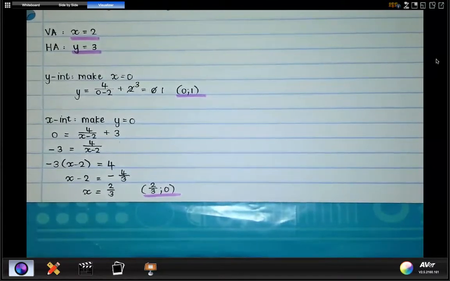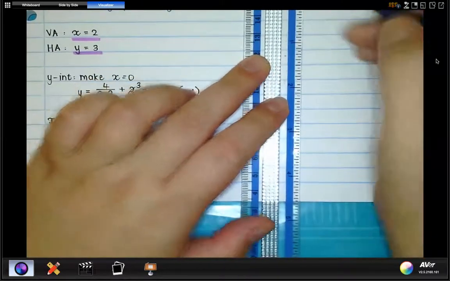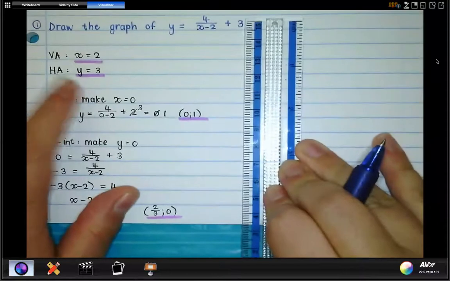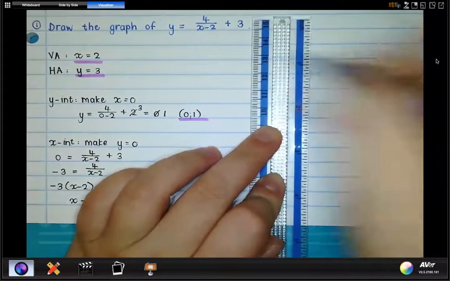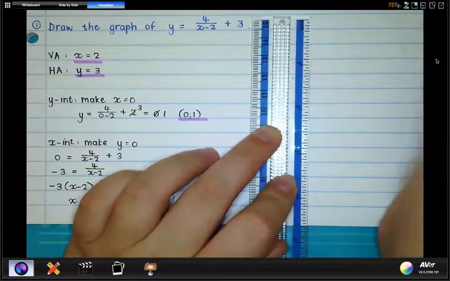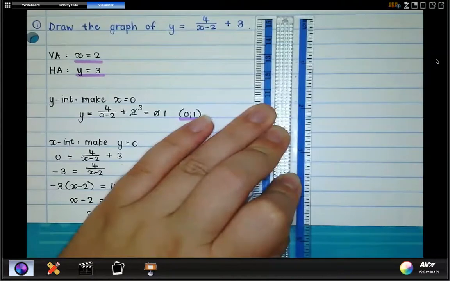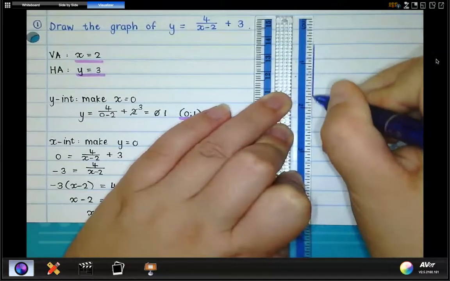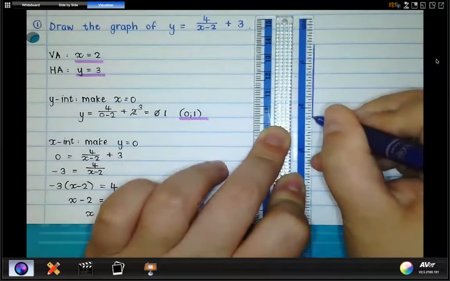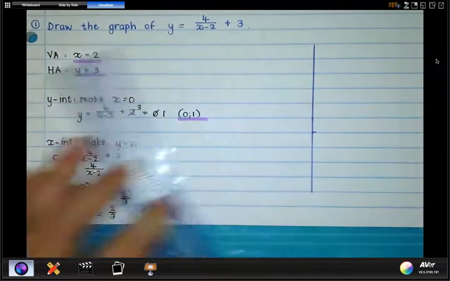All right, so let's do this. I am just going to go, because I see that my horizontal asymptote is at y equals 3. So I am going to have to draw something above that. So let's go to 5. Maybe let's just do to 6 just in case. And then I'm going to go like 4 down.